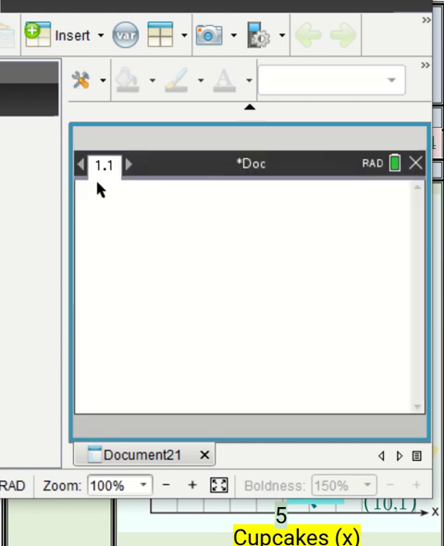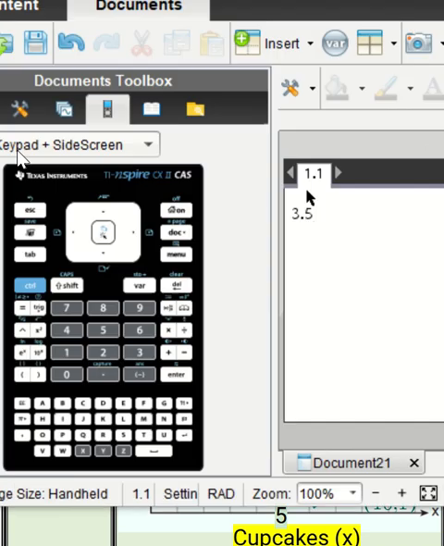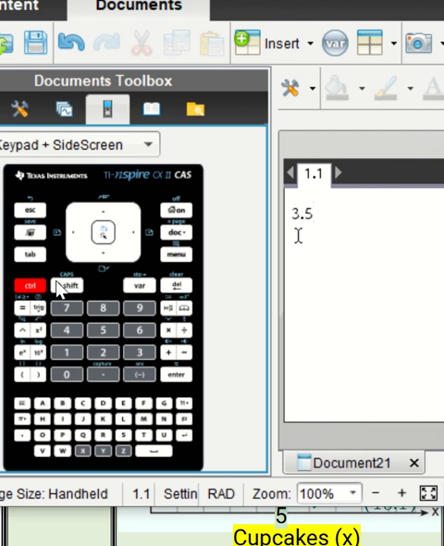So the first thing I want to store is the value of x. So I have 3.5, control, and the VAR key is the store command, and I'm going to store that as x and press enter. Now for the y, I have 4.25, again, control var key, and store for y.